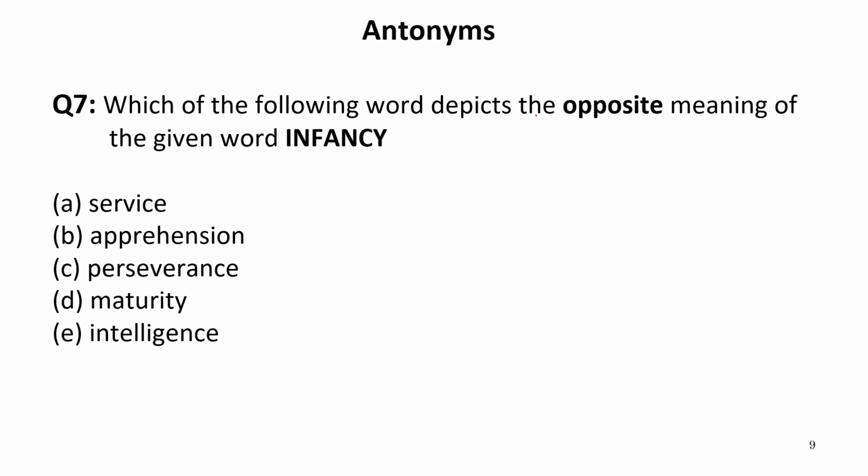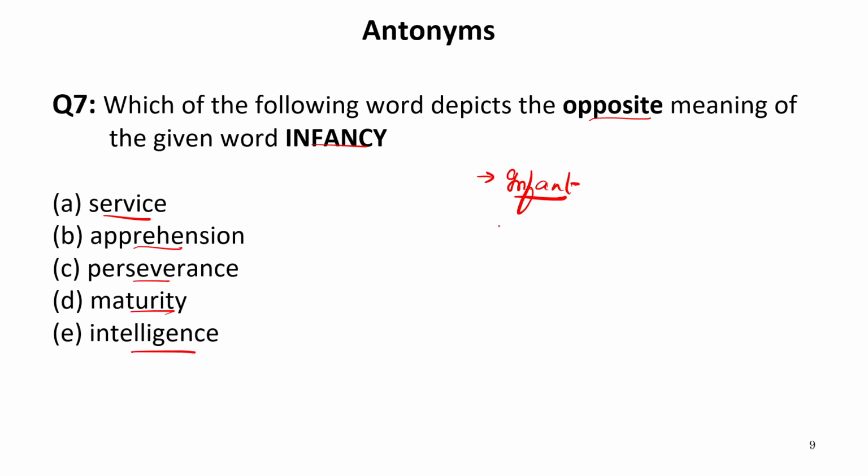Which of the following words depicts the opposite meaning of the word infancy? Now infancy refers to a person who is an infant. It means a child who is just born. So the antonym of it will be, among the options service, apprehension, perseverance, maturity, intelligence.